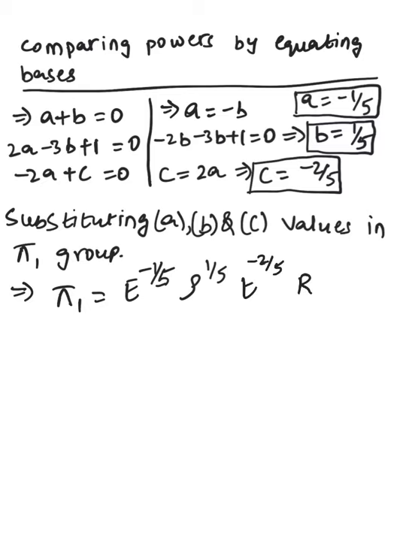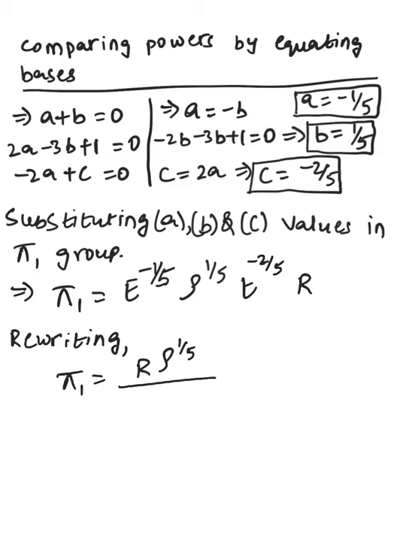Once you look at this, you can rewrite the equation as π1 is equal to (r ρ^(1/5)) divided by (E^(1/5) t^(2/5)), which, since this arrangement of the π group is dimensionless, is equal to a constant.